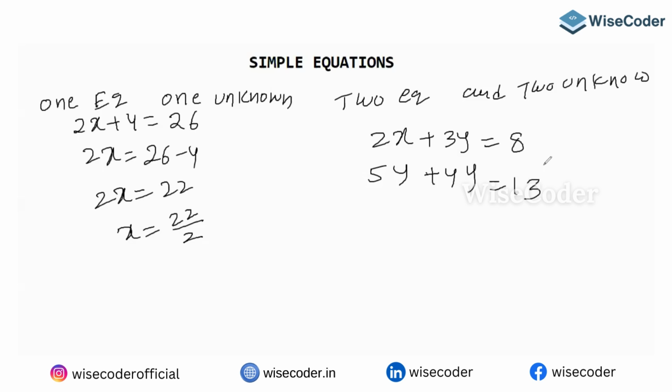You need to figure out what x is and what y is. This is called a system of simultaneous equations of two variables. Here we have two variables, x and y, whose values we need to find out. This can be done using the two given equations.